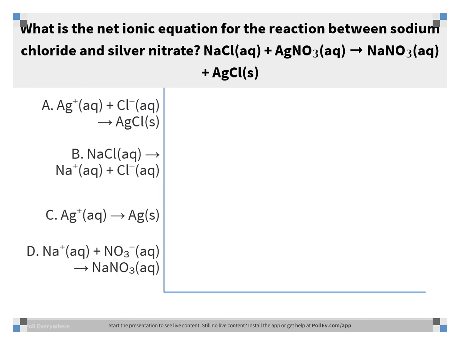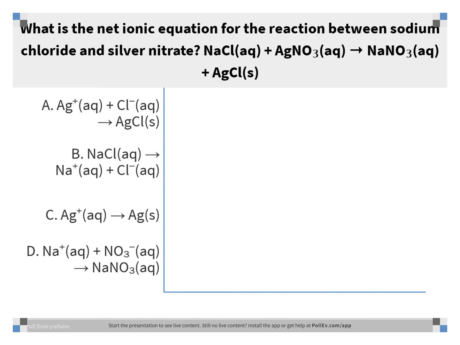The correct answer is A. Ag+ aqueous plus Cl- aqueous makes AgCl solid. When we write our complete ionic equation, the sodium chloride gets broken apart into ions. The silver nitrate gets broken apart into ions. The sodium nitrate gets broken apart into ions, and the silver chloride solid stays as is.